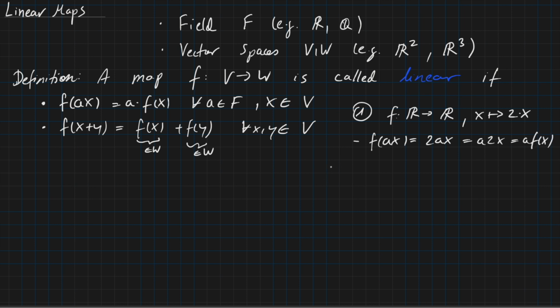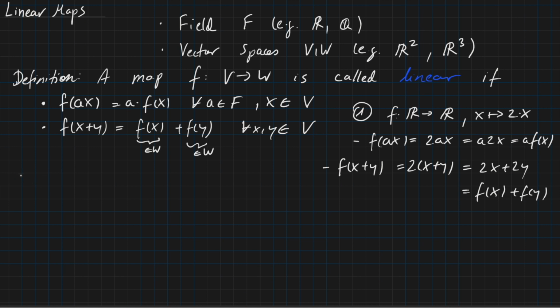So the first condition holds, and for the second condition we see f of x plus y equals 2 times x plus y, and this is the same as 2x plus 2y, and this equals f of x plus f of y. So both conditions hold. So this was the first condition, this was the second condition, both hold. So this map is a linear map.